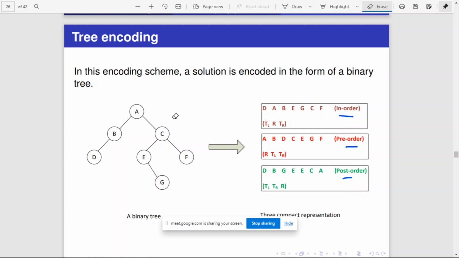So in-order, you have to follow this particular ordering: first go to the left subtree, then the root, and then the right subtree.